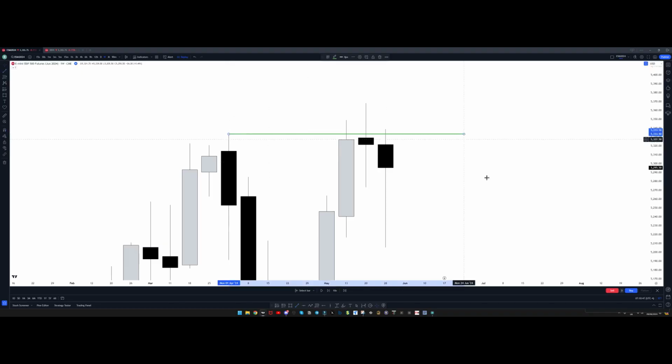Because what literally everyone is now thinking, they say, oh, he just randomly picks that high. He just looks at that high and thinks, oh, we rejected off there and therefore it's an important level. Look, if people would literally just take a moment and instead of simply looking at the candles, move their eyes down and look at the x-axis at time, they would see that that high was the high of April.